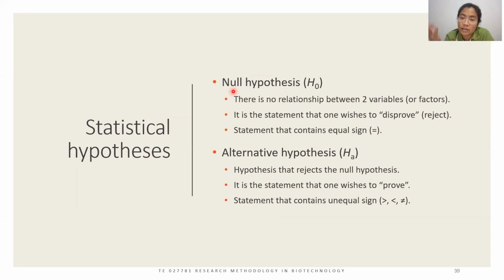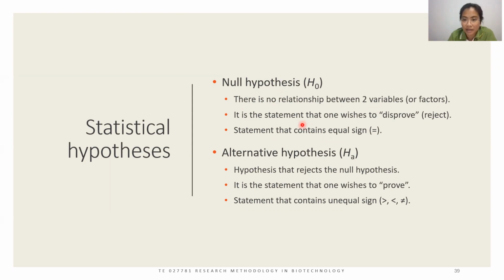For the null hypothesis, the statement normally contains an equal sign. If you are reminding yourself about the F test, that equal sign is equal to 0. The null hypothesis says that there is no relationship between two variables. So the null hypothesis says nothing happened, basically.